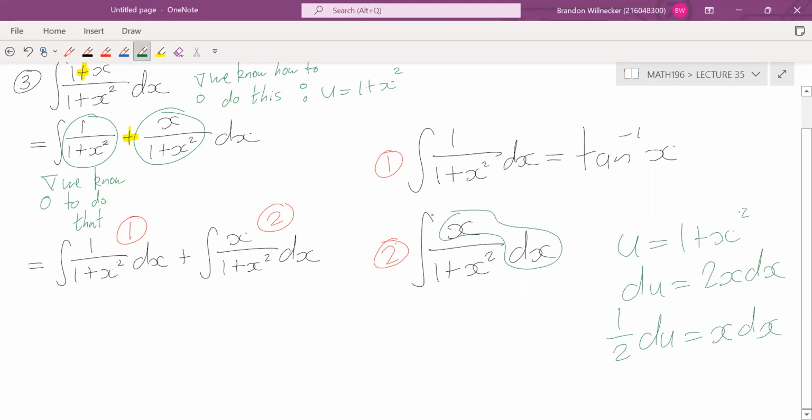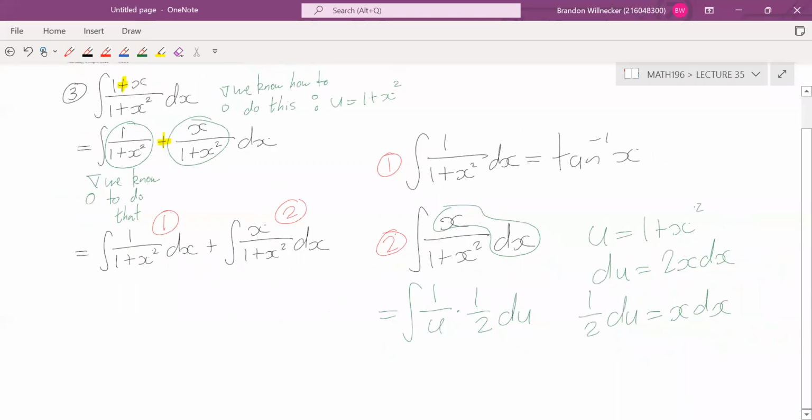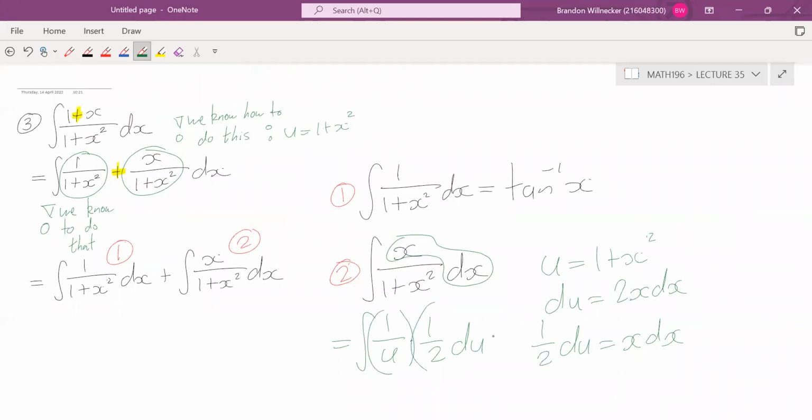Okay, so we can write this in terms of u. This will be the integral of 1 over 1 plus x squared, that's just 1 over u, and x dx is 1/2 du. So I've just made the two replacements there. I replaced the 1 over 1 plus x squared, and I replaced the differential part with the x dx.